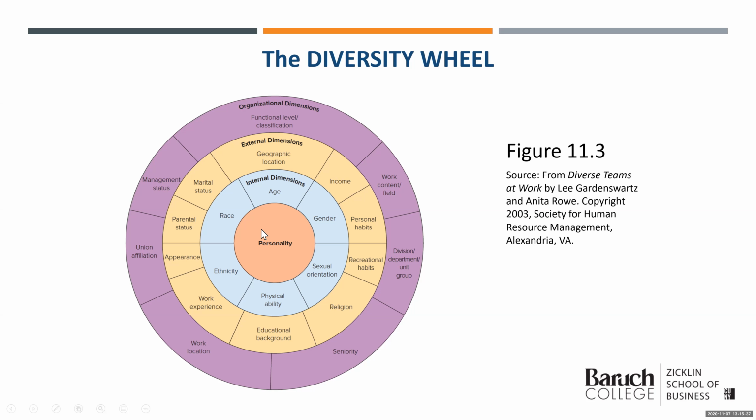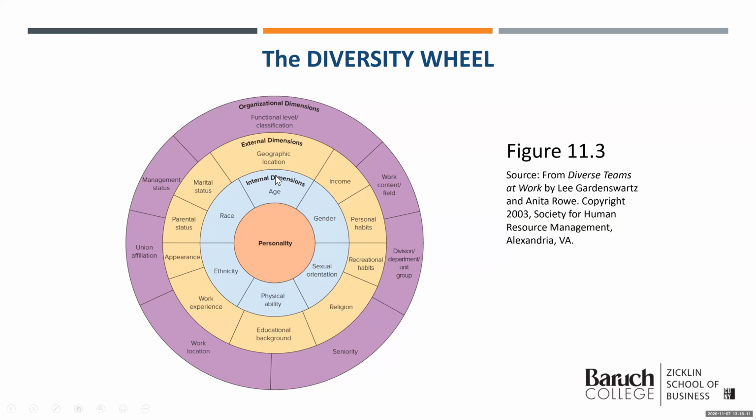As part of the definition of personality, these are features about people that rarely change, or either don't change at all or change to a very small degree. So whatever effects they produce, those effects are going to persist. Same thing with what's called here internal dimensions. These are also effects that will persist.